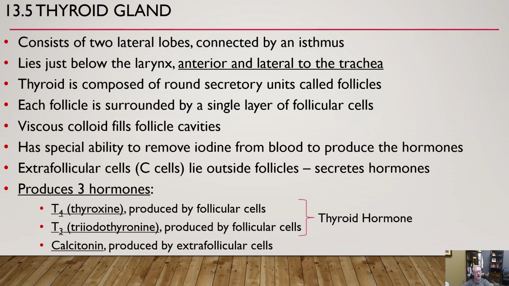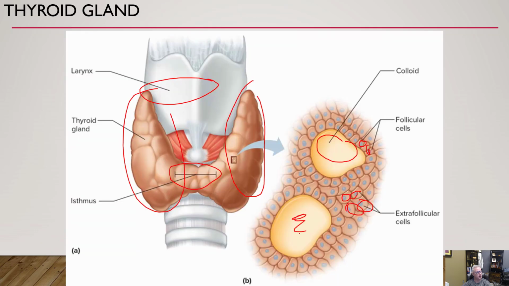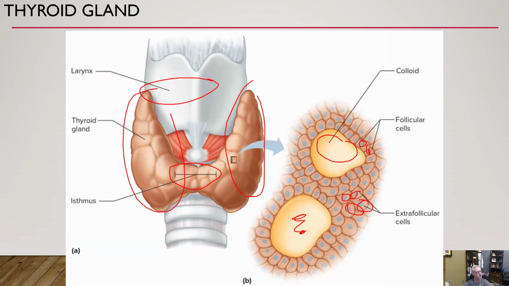This colloid fills these cavities. You can see the colloid right here with these follicular cells. And then you have the extrafollicular cells that are outside of this little circle right here. So there are more extrafollicular cells.